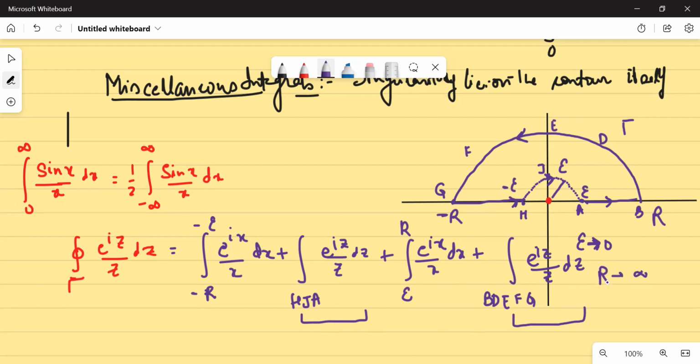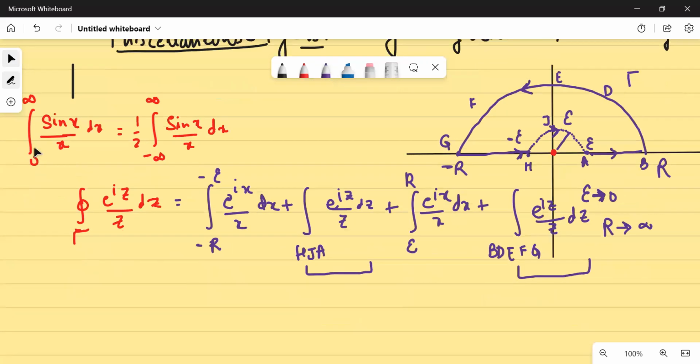Because only if r tends to infinity does doing this integration make sense. Because only then can I reduce my integration into this sort of integration. Is that clear? So we are evaluating this entire thing in the limit as epsilon tends to 0 and r tends to infinity. Is that clear?